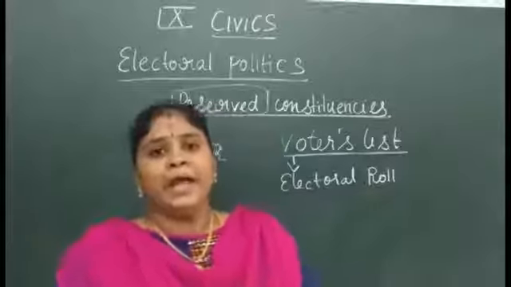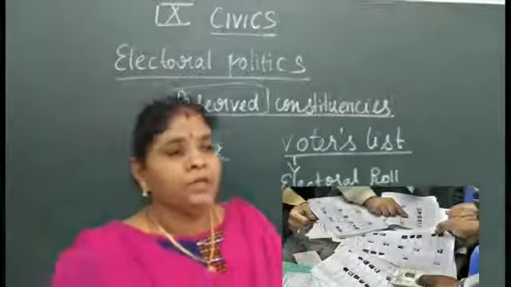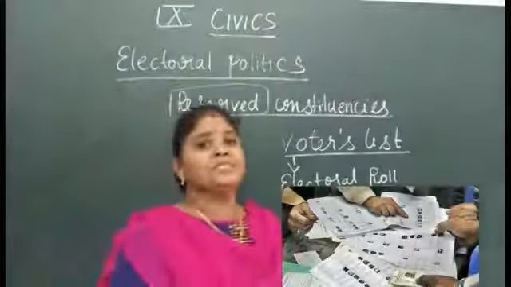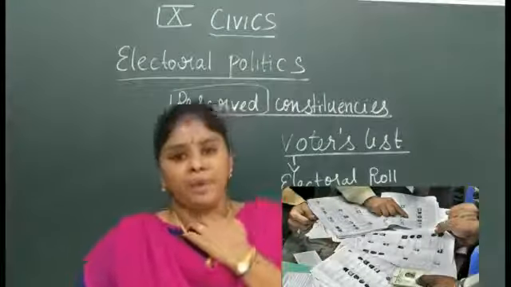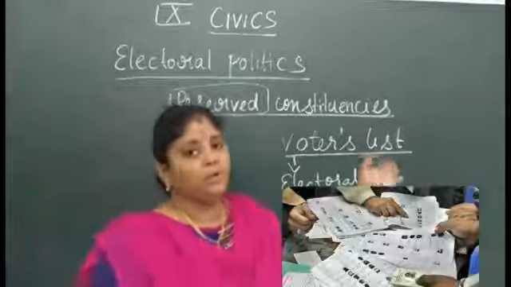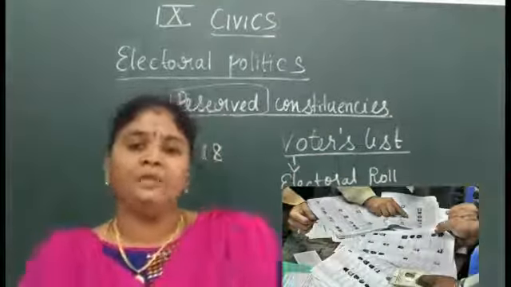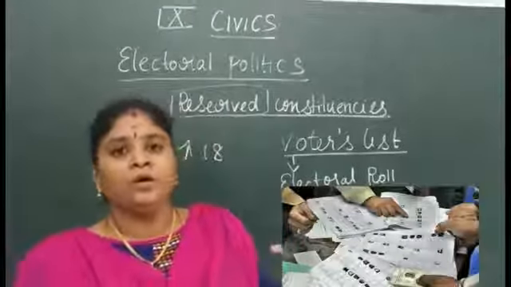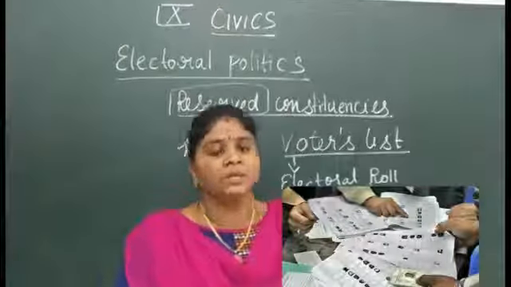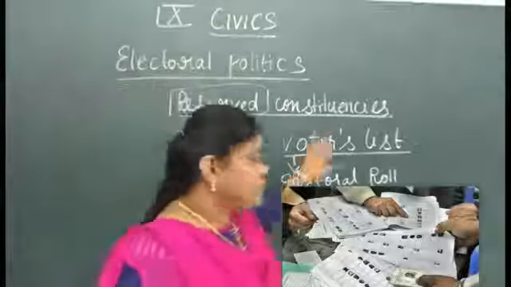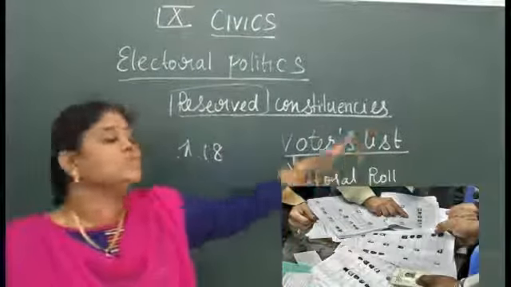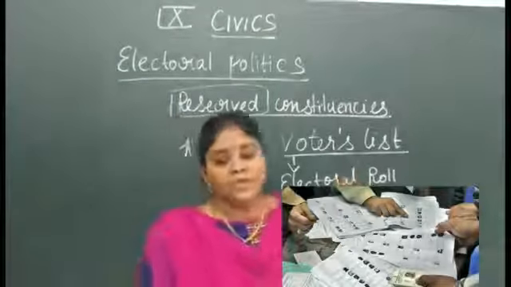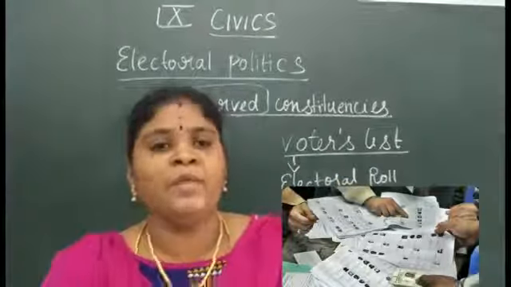It will be circulated to the polling booth, and in common places as well, the whole voters list will be available for the convenience of the common people. In the wards it will be available. This voter list is also known by another name, the electoral roll. They will be listed based on their numbers.